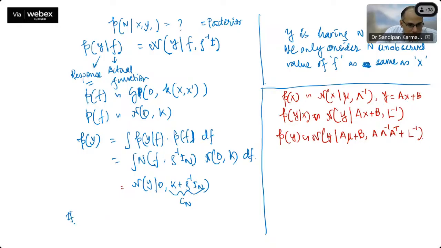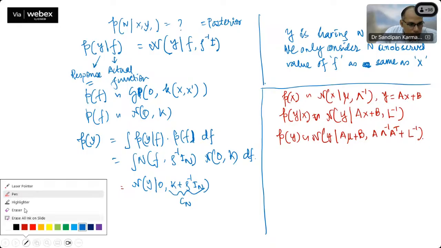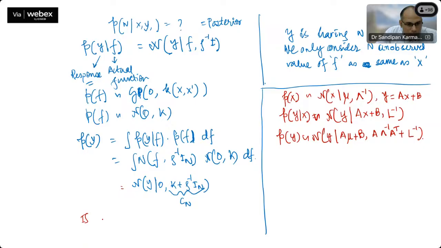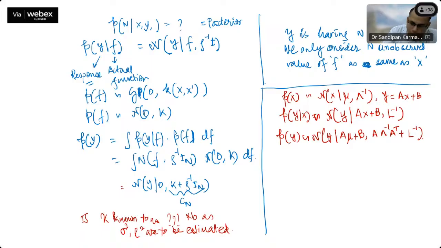Now, is K known to us? No. Sigma square and the length parameter L square are to be estimated. So how do we find out all these parameters?